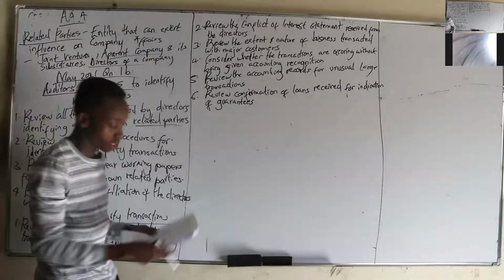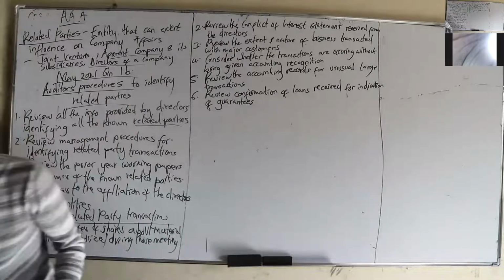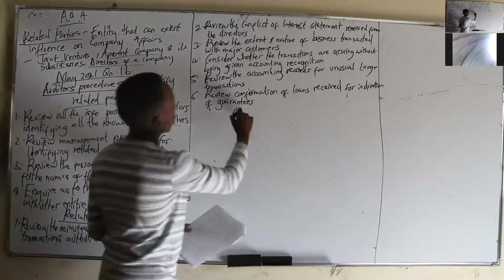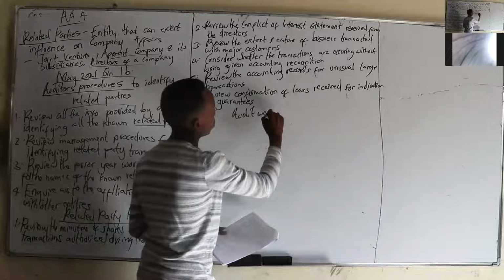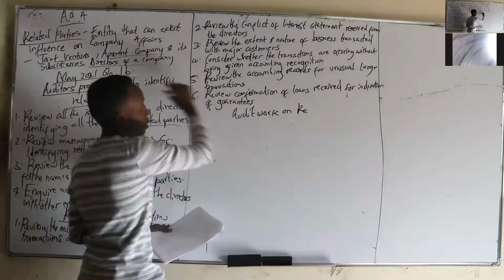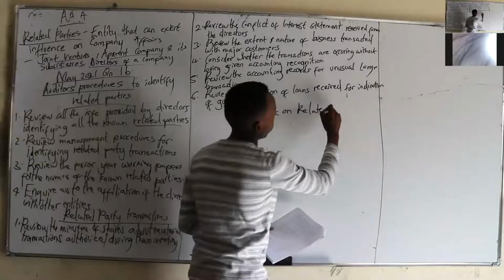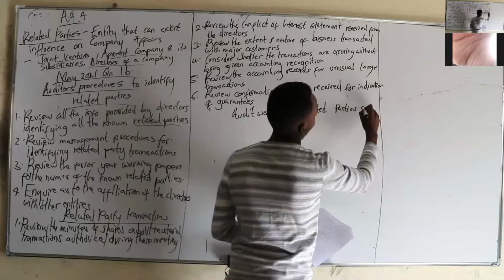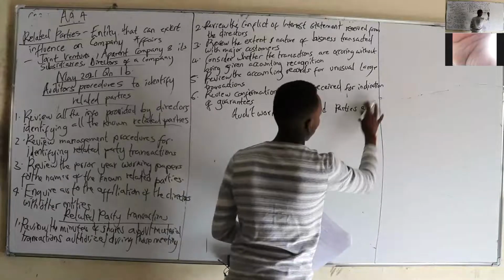And the audit work to be done on them, now that you have identified them, is the audit work on related parties and the related party transactions.